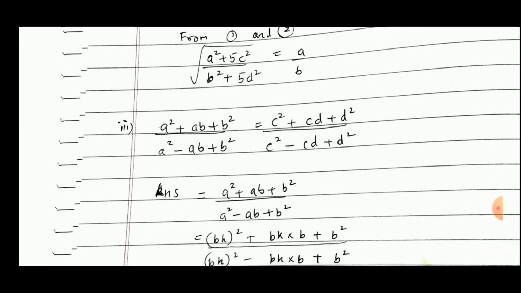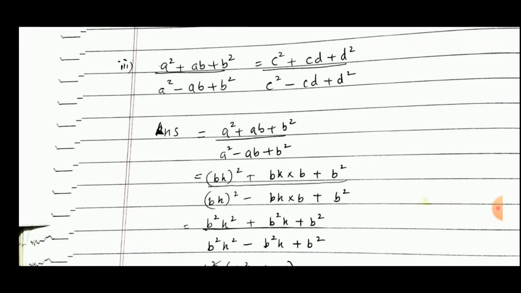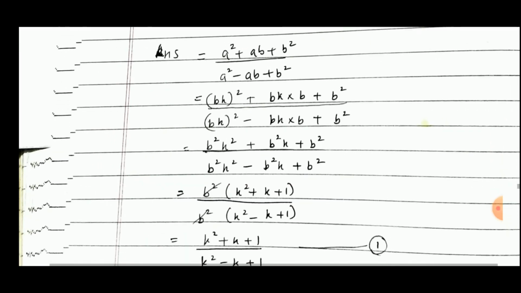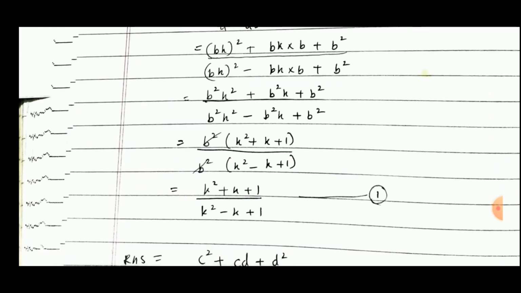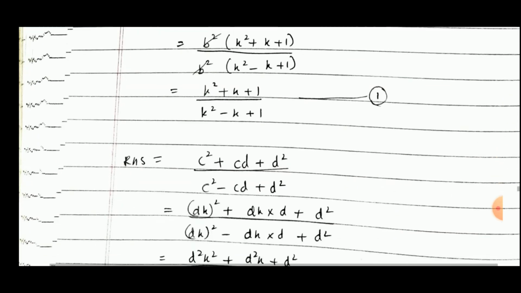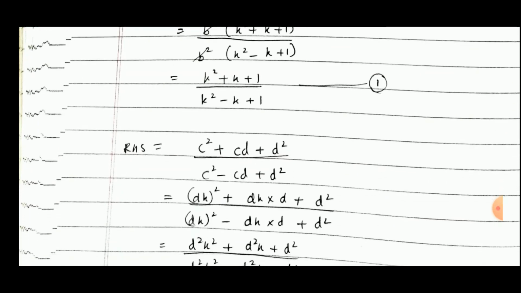Now third sum, a square plus ab plus b square upon a square minus ab plus b square. So substitute here a is equal to bk, c is equal to dk. Here you get k square plus k plus 1 upon k square minus k plus 1. RHS is c square plus cd plus d square.